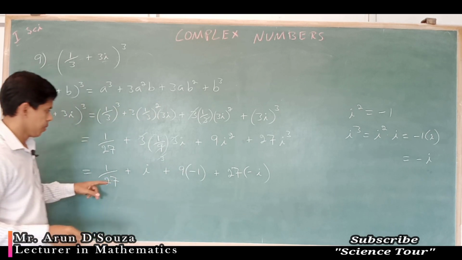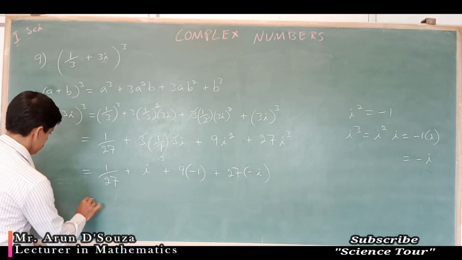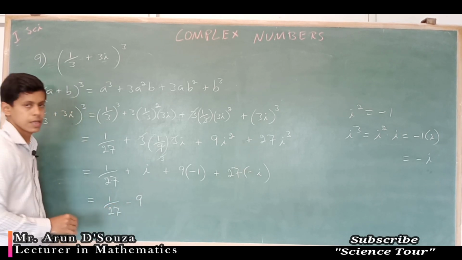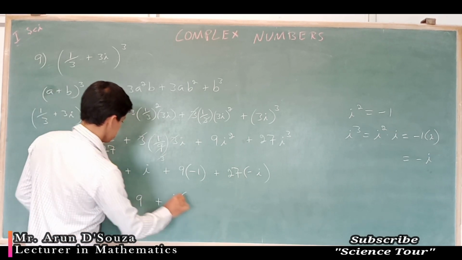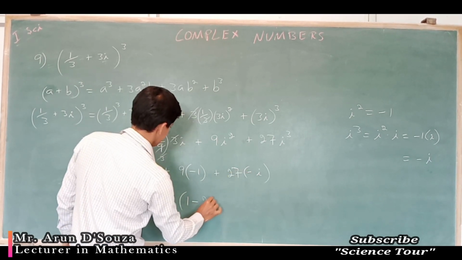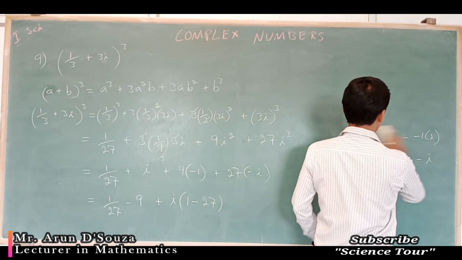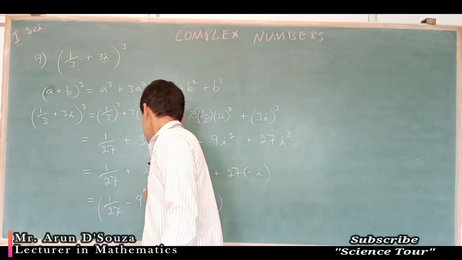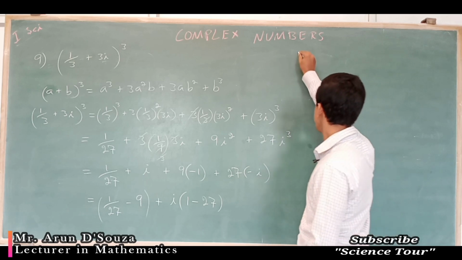Well, now write the real parts together. That means you write 1 by 27 minus 9. Okay, plus you take i common. So this is 1, and here minus 27. Okay, so now what is left is simplification of this fraction, and this is a very simple thing.